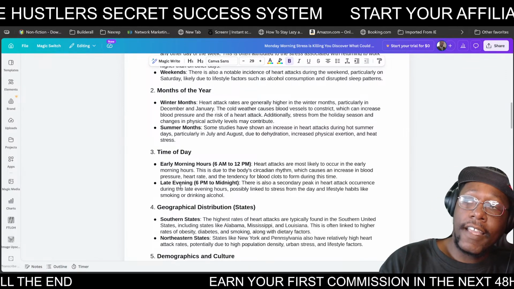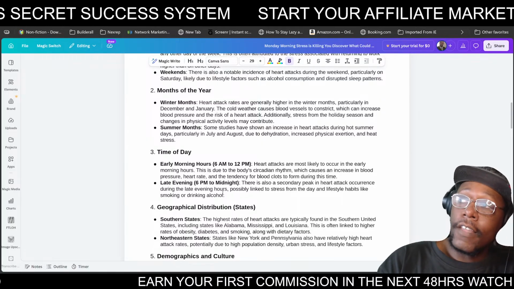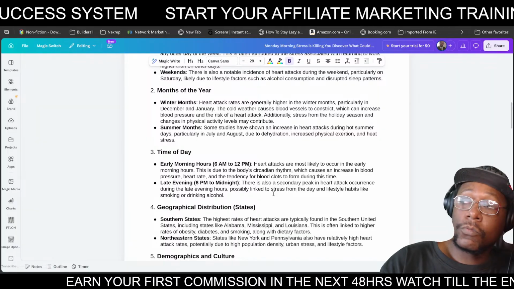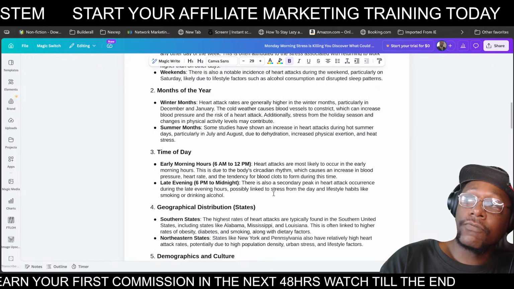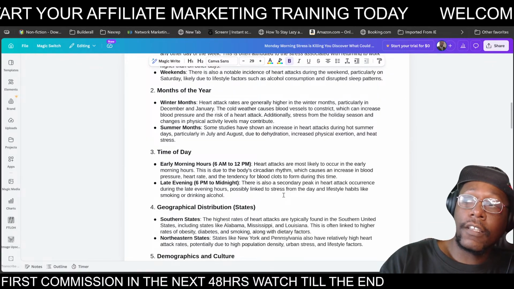So it says here late evening, 6 p.m. to midnight. There's also a secondary peak in heart attack occurrences during the late evening hours, possibly linked to stress from the day and lifestyle habits like smoking or drinking.